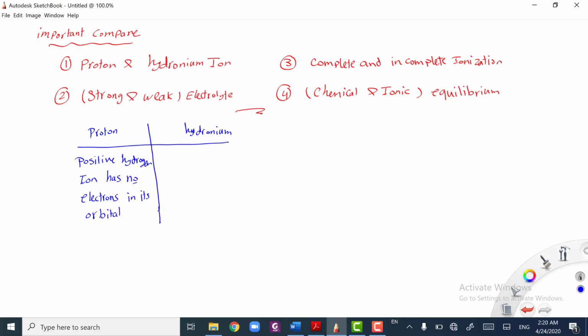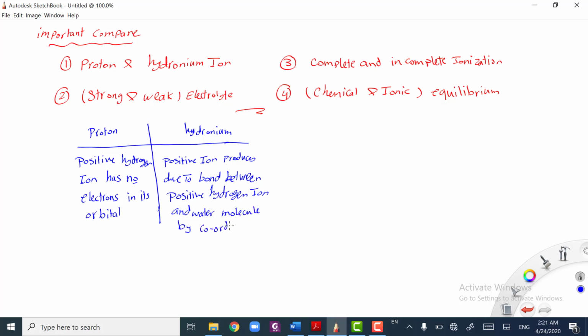The hydronium is produced due to a bond between the positive hydrogen ion and the water molecule by a coordinate bond. Okay, this is the first comparison.